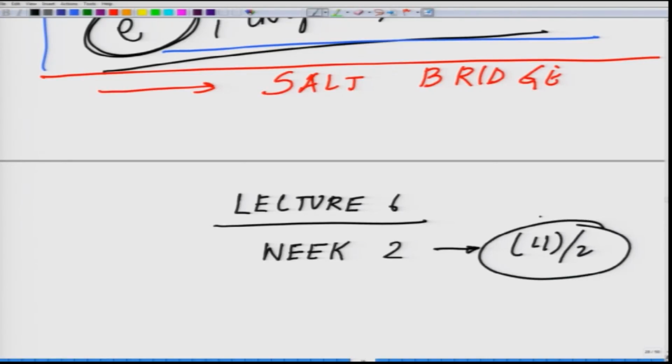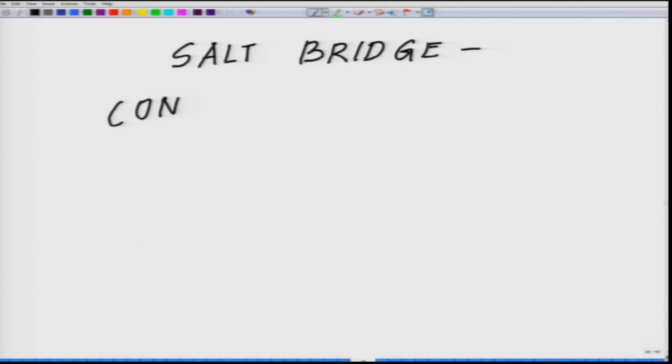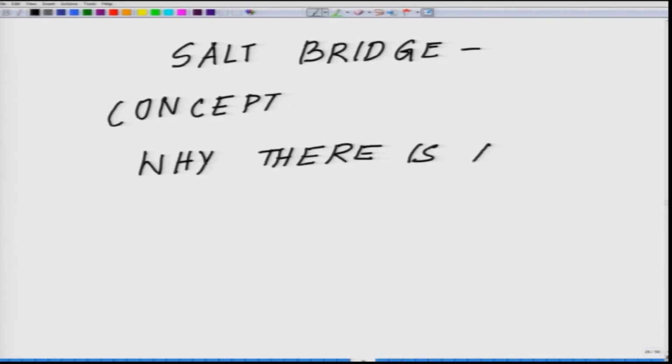Now, I built a different kind of cell today, where we will be talking about the salt bridge, the concept of salt bridge, and why there is a need for salt bridge.